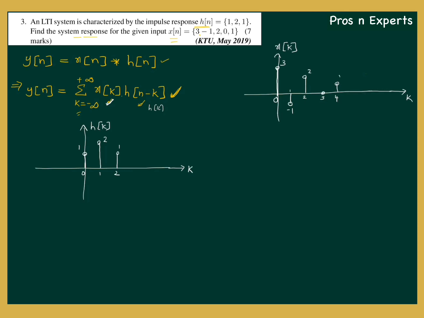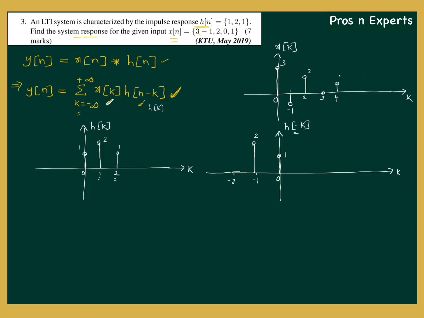Now we have to find out h of minus k. I will draw h of minus k here. How will you draw h of minus k? H of minus k is the time reflected version of h of k. So at 0 we have the amplitude 1, at minus 1 the amplitude is 2, because 2 is the amplitude at k equal to 1, that will go to k equal to minus 1 because it is time reversal.